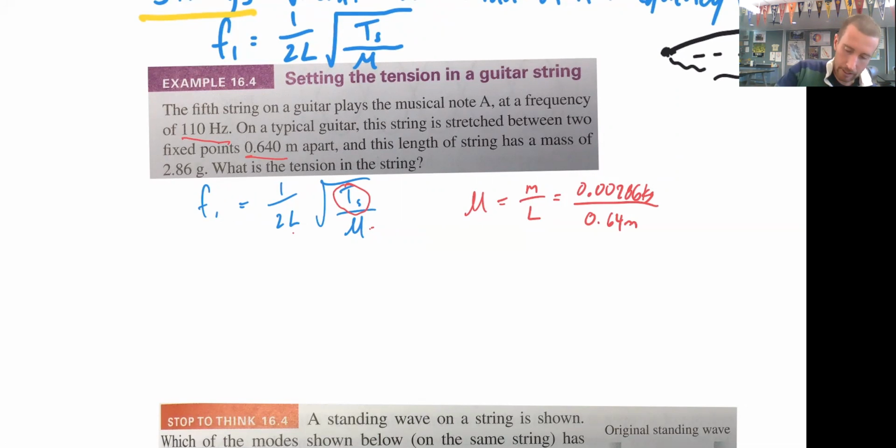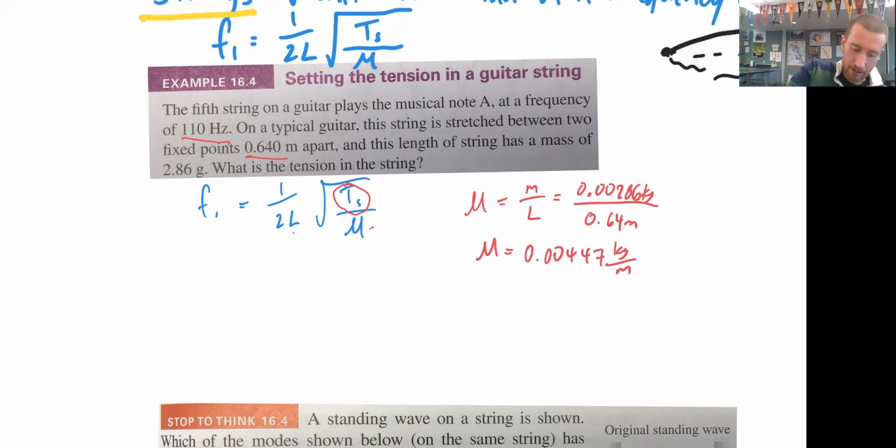So the linear density is 0.00447 kilograms per meter, or 4.47 grams per meter. Now I need to solve for the tension.